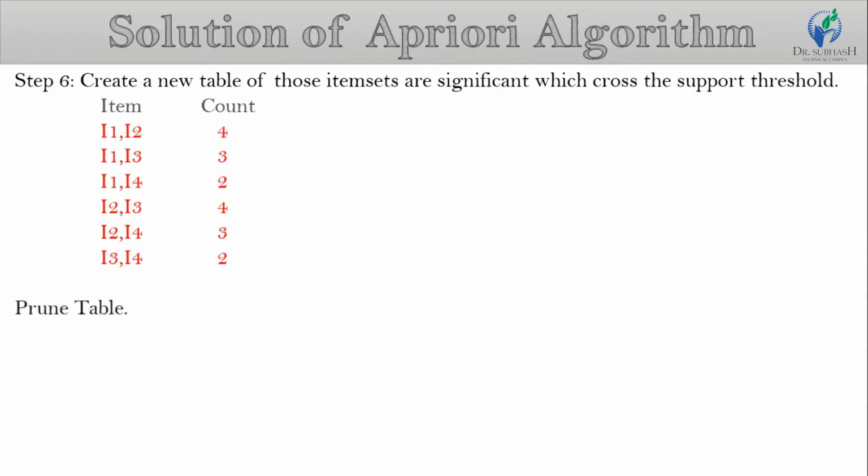So the pruned table includes I1 and I2 because their count is 4 and our minimum support is 3. We include only those items whose count is greater than or equal to minimum support. So in our final table, we include I1, I2 because their count is 4, I1 and I3 because their count is 3, I2 and I3 because their count is 4, and I2 and I4 because their count is 3.